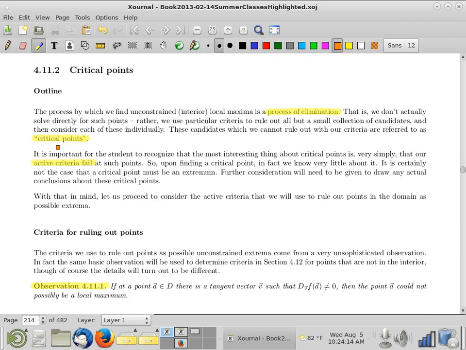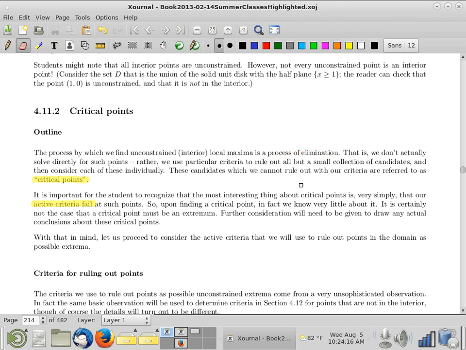The first thing I want to remind y'all is that optimization is a process of elimination. I'm not entirely sure how many of y'all are clear on this from single variable calculus, so let me take a moment to talk about how single variable optimization is a process of elimination. Let me make a better picture here.